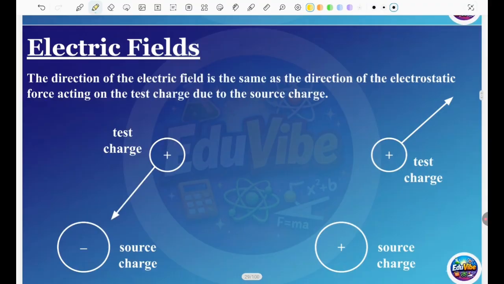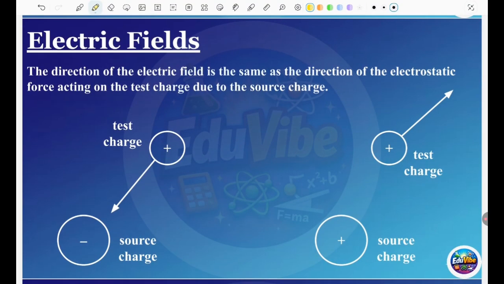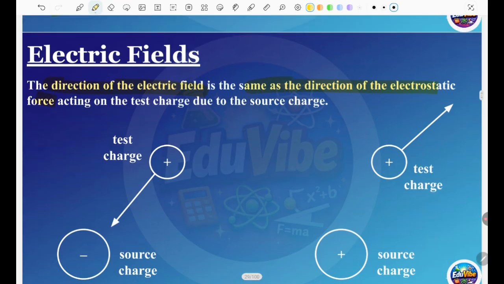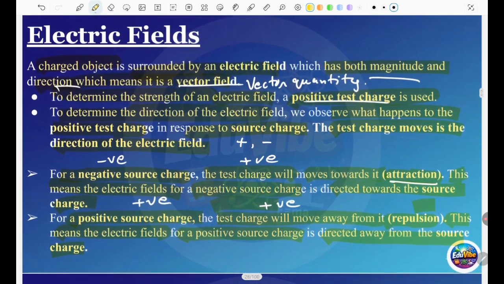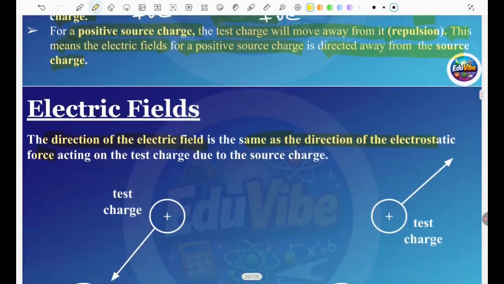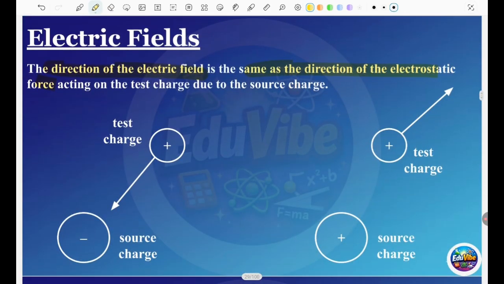That's how we work it out through diagrams. The direction of the electric field is the same as the direction of the electrostatic force. The electric field depends on the test charge and source charge, attraction or repulsion, and the electrostatic force also depends on the electric field. If the electric field is towards the source, the electrostatic force is also towards it. If it is away, the force is also away.